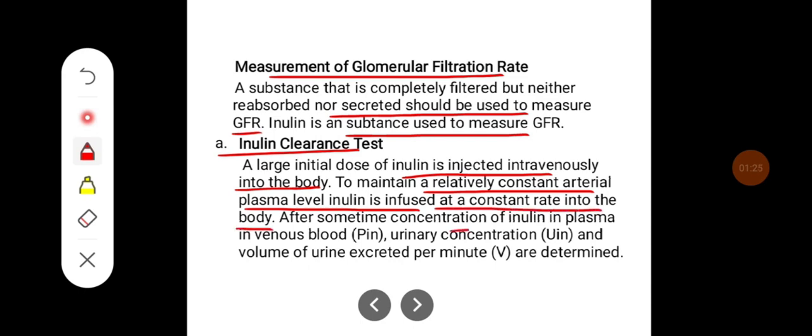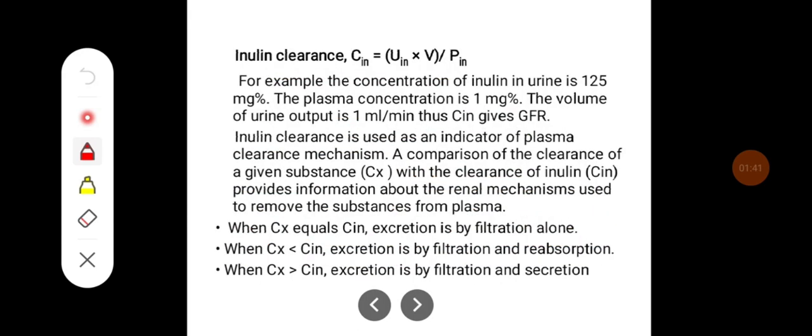After some time, the concentration of inulin in the plasma in the venous blood, that is P inulin, and the urinary concentration, that is U inulin, and the volume of urine excreted per minute are determined. So inulin clearance can be given as: clearance of inulin is equal to urine inulin into volume of urine divided by plasma concentration of inulin.